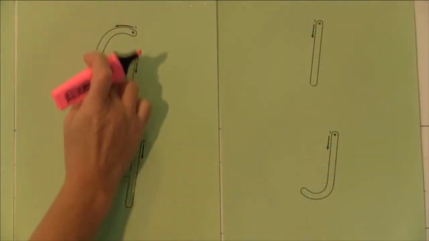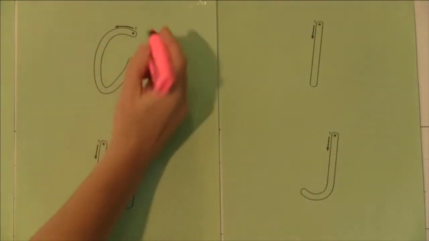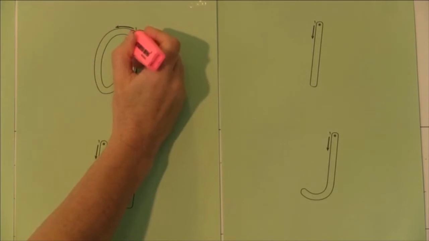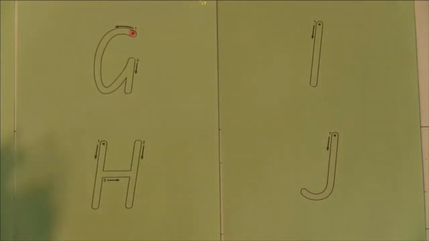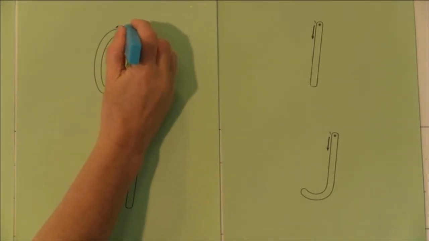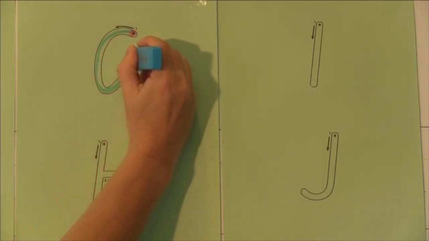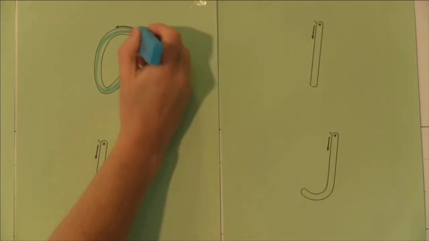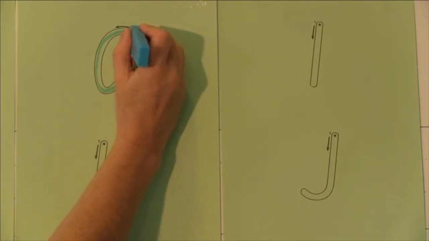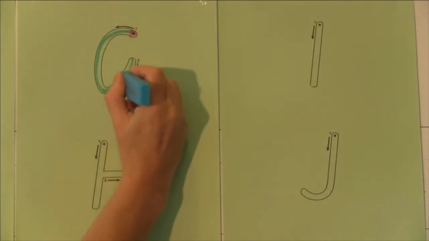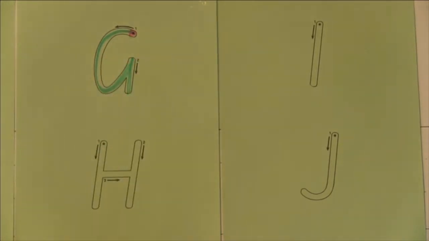G. Now look, there's no straight stick here. So we're going to start our G over here. So there you go, and then it just goes around, a lot like C, but instead of stopping, we go down. So let's do it again. Start from that top corner, around and down.